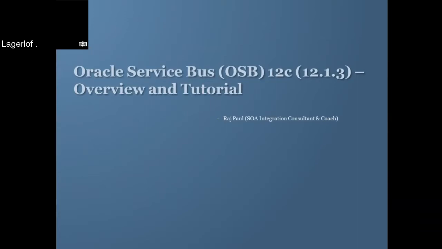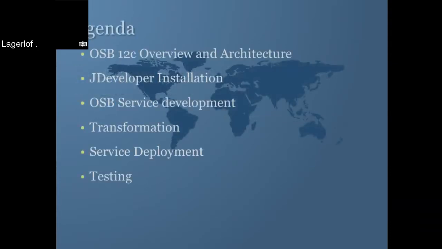So the agenda, the topics that I'll be covering are Oracle 12c overview and architecture, how OSB basically fits in the end-to-end solutioning of any integration project. The JDeveloper installation, the version that you would need to develop and deploy your services in OSB.